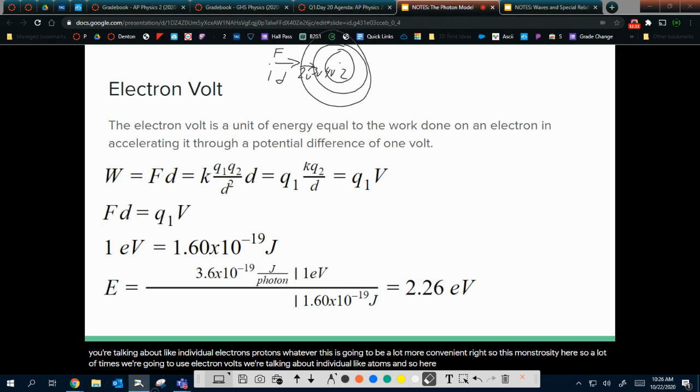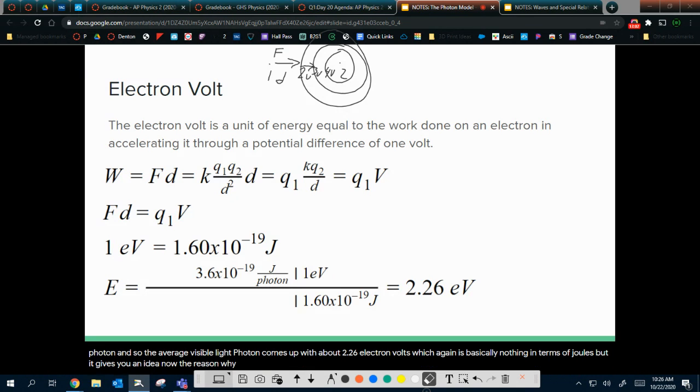And so here, this is taking our average energy per photon, which we looked at on the last slide, and we're converting it. Instead of joules per photon, this should be electron volts per photon. The average visible light photon comes out to about 2.26 electron volts, which again is basically nothing in terms of joules, but it gives you an idea.